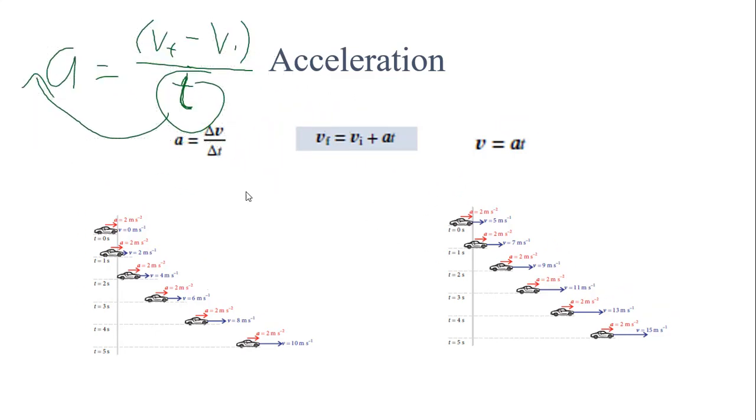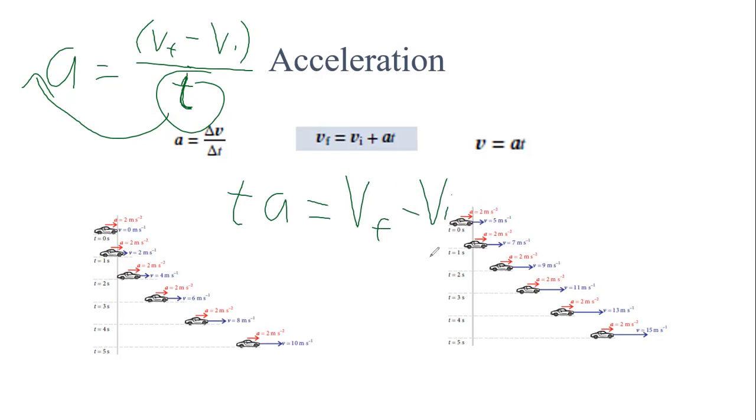This right here then becomes T times A equals VF minus VI, okay?